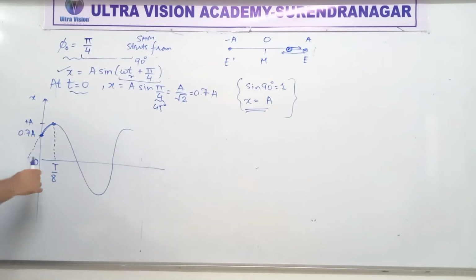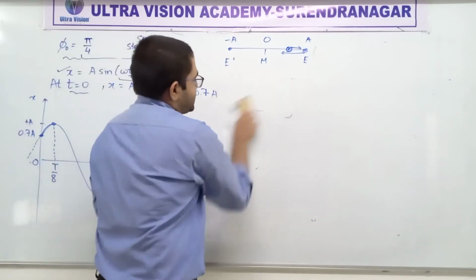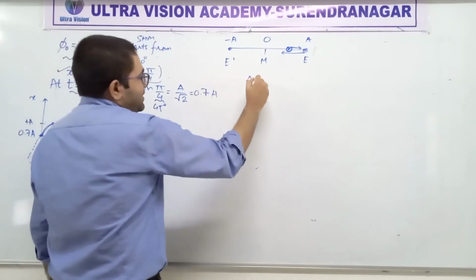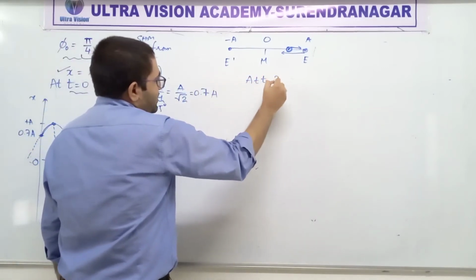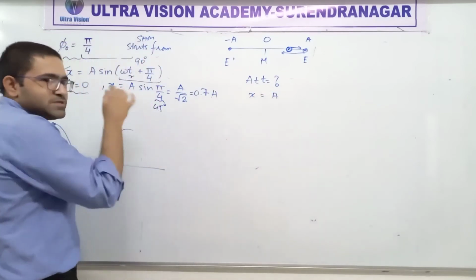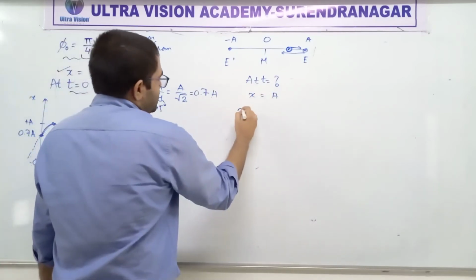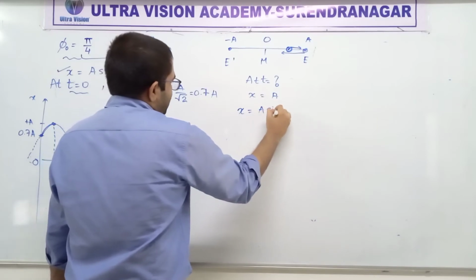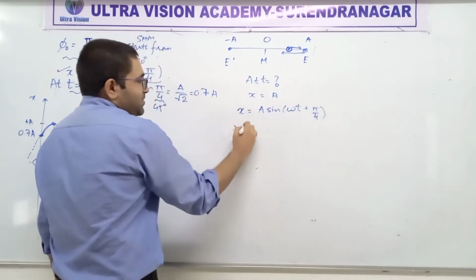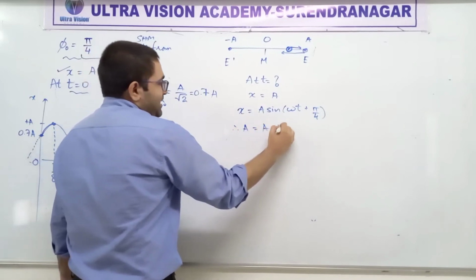How do I know it is T by 8 only? Well, we can answer that by doing a bit of maths again. Let's see. I want to find at what time x becomes a. So let's solve this. x equal to a sine of omega t plus pi by 4. x equal to a, so a will get cancelled.